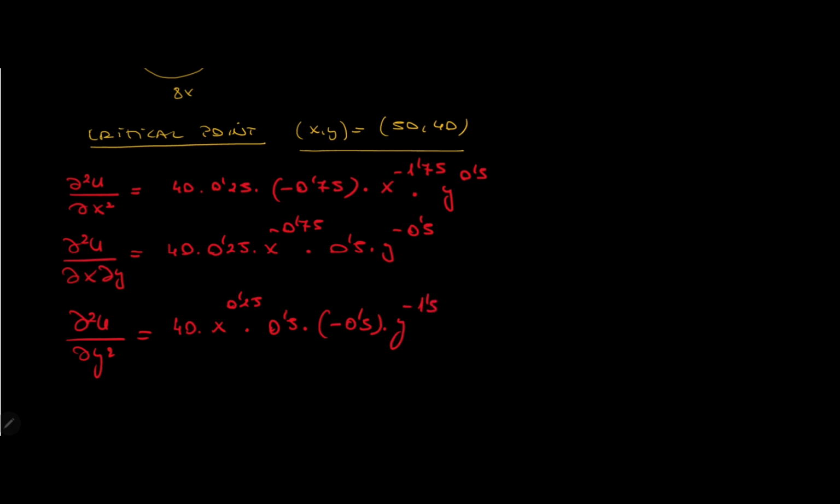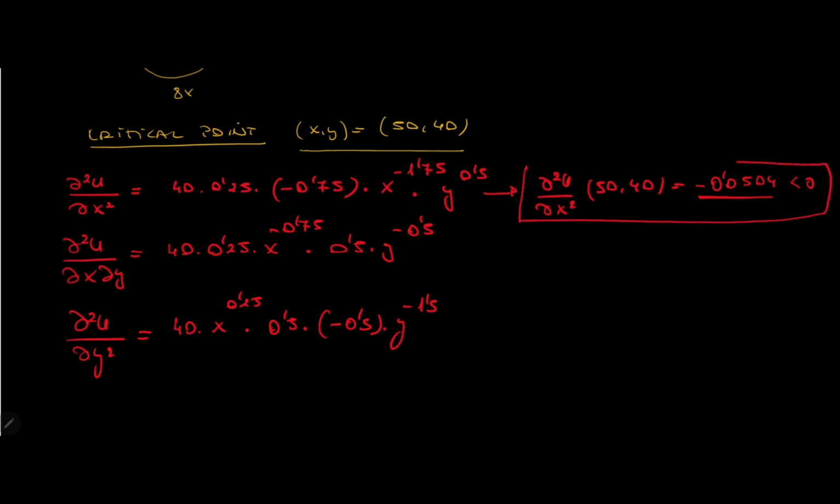Now I have to do the substitutions of these three partial derivatives at the critical point 50 and 40, and for the second order in x I get minus 0.0504, and we start by noticing that it's a negative one, and that's the first condition in our second order optimality condition.